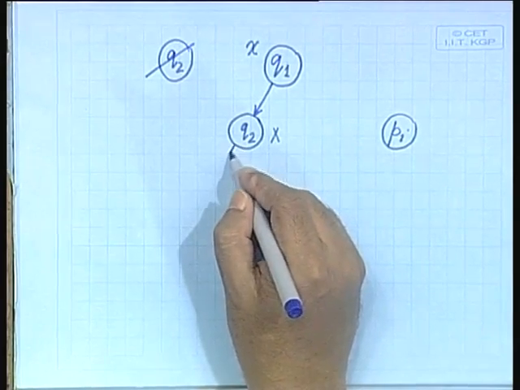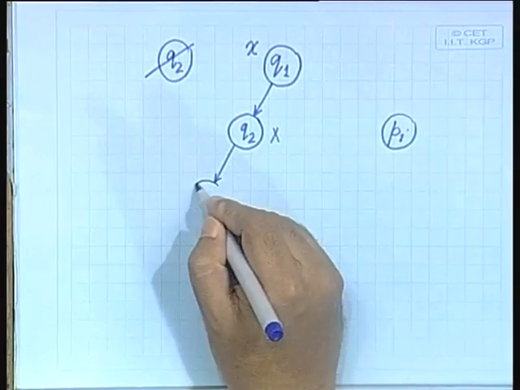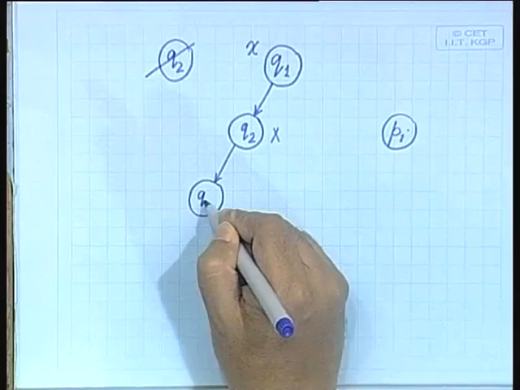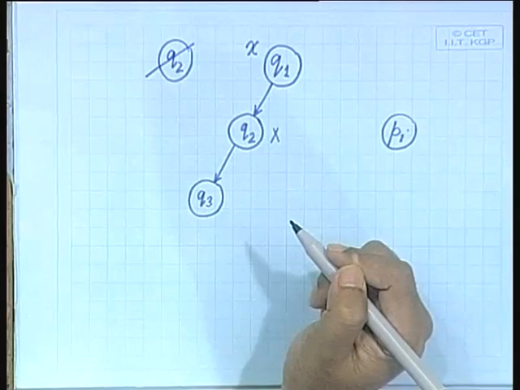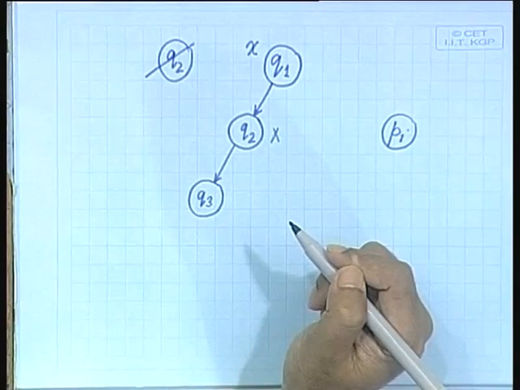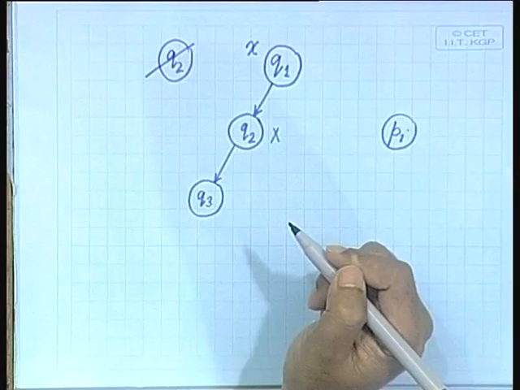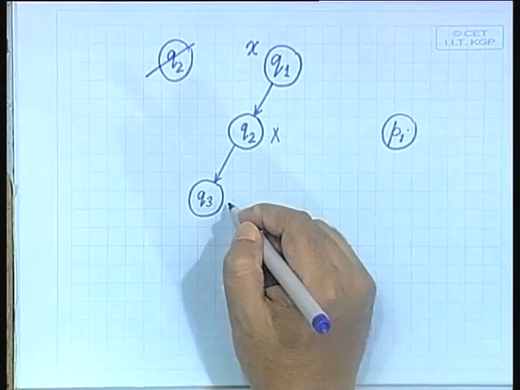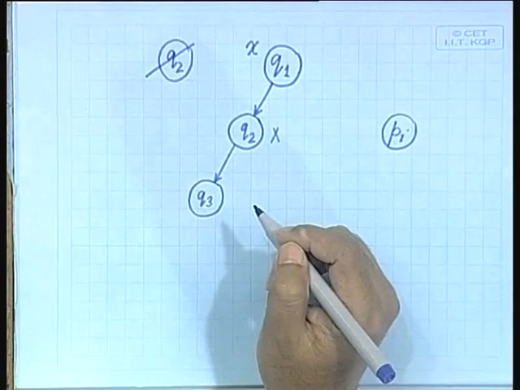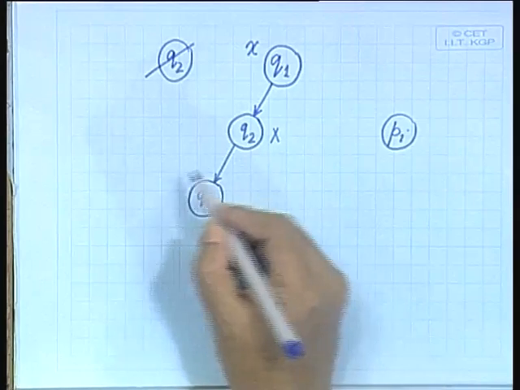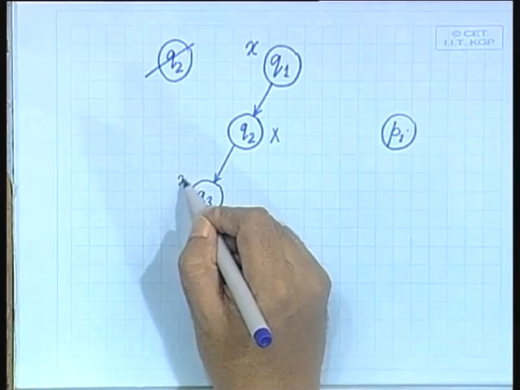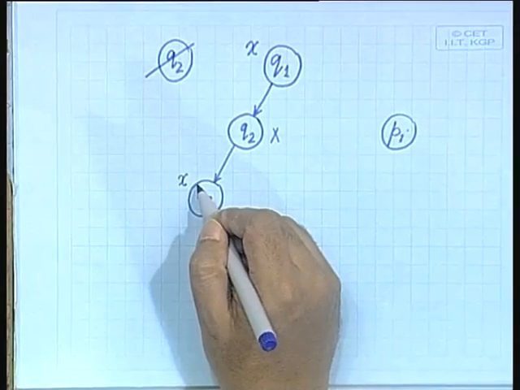But again Q2 has sent it to some Q3, right. Now, what can we tell about the value of Q3? I can say that Q3 is getting the value of x for the first time here.